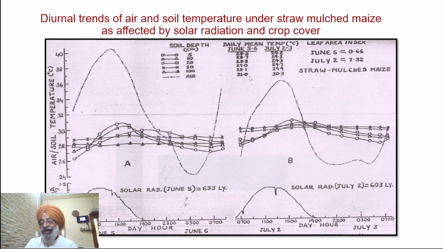At 10 centimeter it was 1.9 degrees centigrade, and at 20 centimeter it was just 0.4 degrees centigrade. You can say at 20 centimeter, almost no diurnal fluctuation. So this is how the combined effect of mulching, crop cover and of course soil moisture lowers the soil temperature.